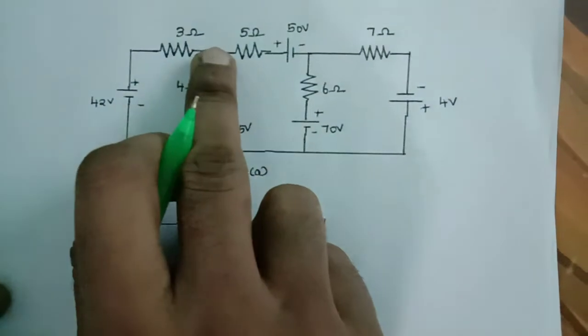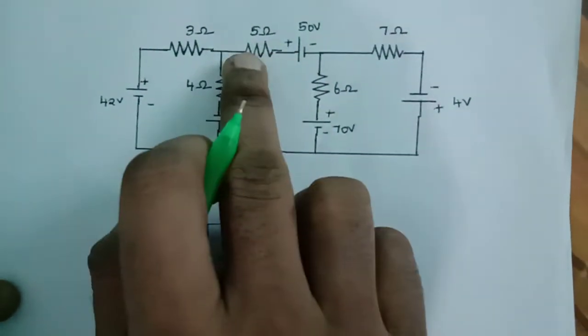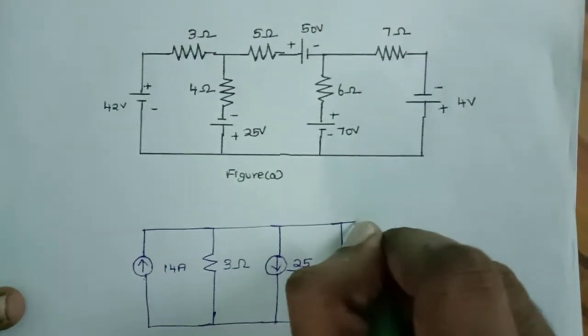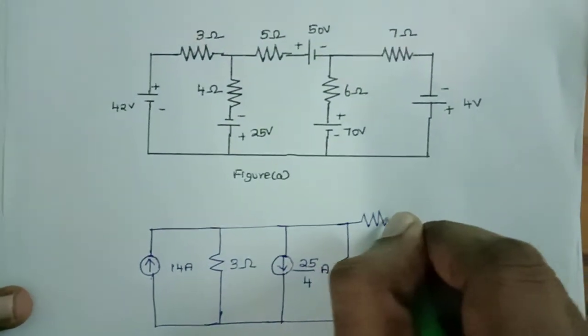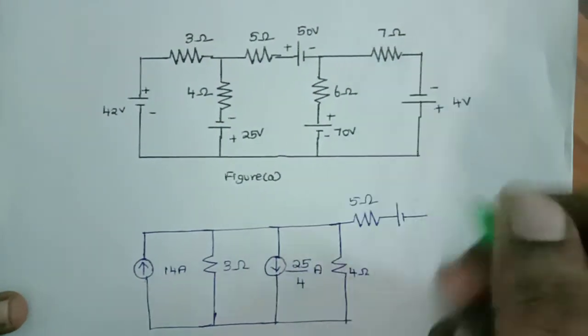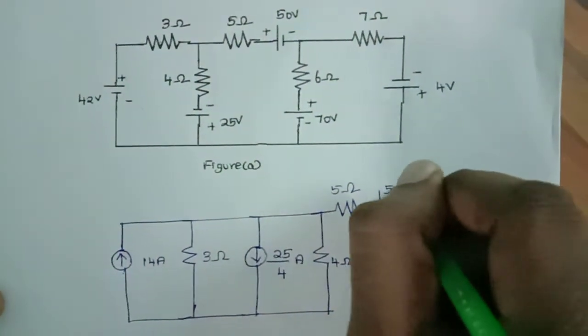You have to draw the same resistance with this 50 volt in the same circuit. You should not change it here, because ultimately you have to calculate the voltage drop across this 5 ohm resistor. So I am drawing the same circuit.